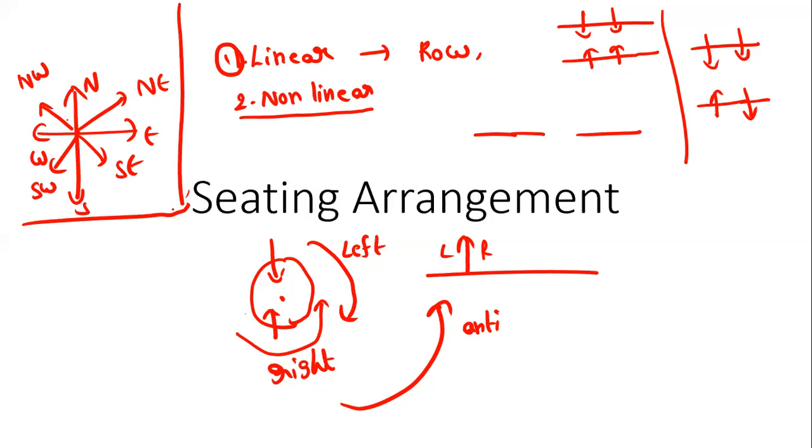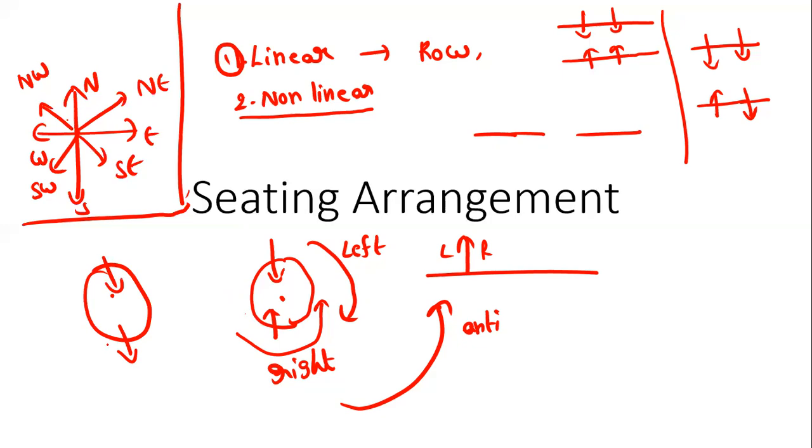North means you draw a line and point all of them facing north. Okay. Next. If it is a circular arrangement, they will be talking like the person is facing towards the center or the person is facing outside of the center or outside of the circle. Okay. The person can be facing towards the center or the person can be facing outside. He is in circular arrangement only.